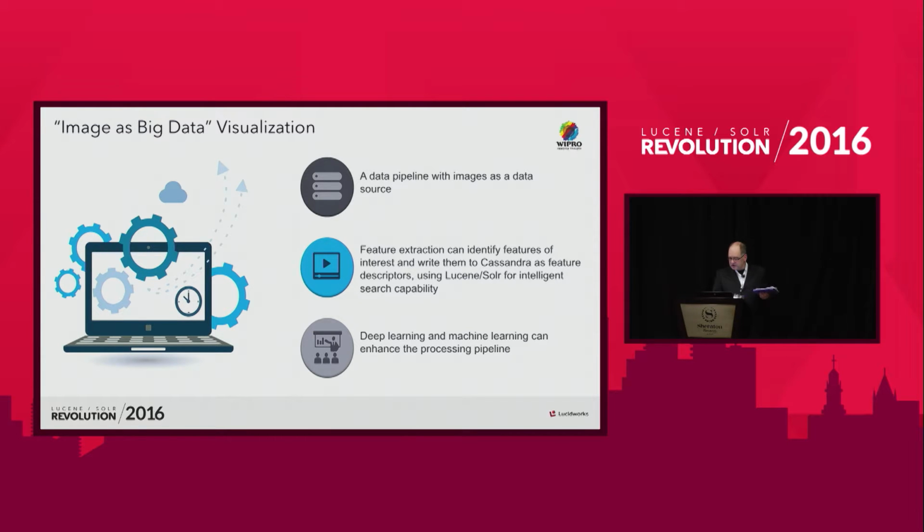Images, big data visualization. Instead of this CSV data coming in this instance, we have images coming as the data source. One of the first things we do is throw a lot of the information away depending on the kind of problem we're trying to solve.